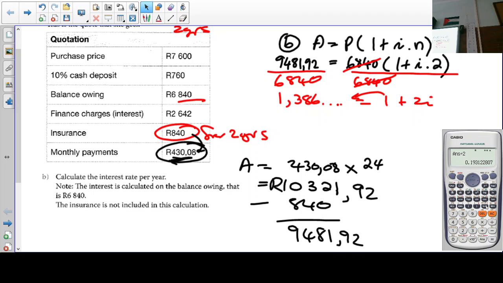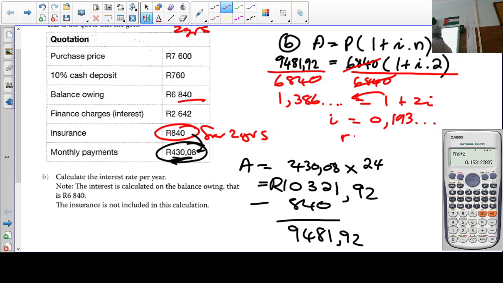Gives me an i value of 0.193. And of course the number carries on, but they want the rate. So I multiply by 100. That gives me 19.31. 19.31. Alright.